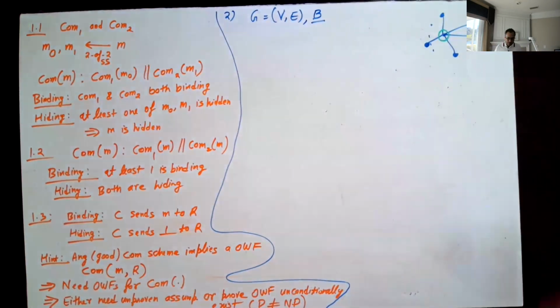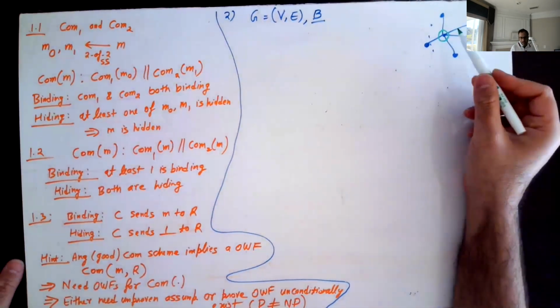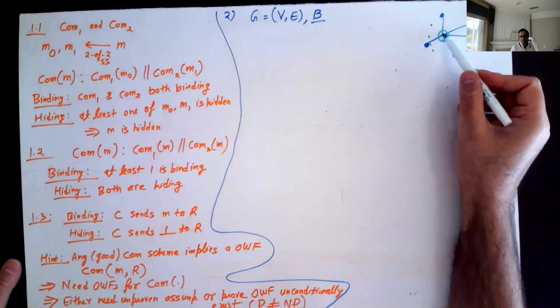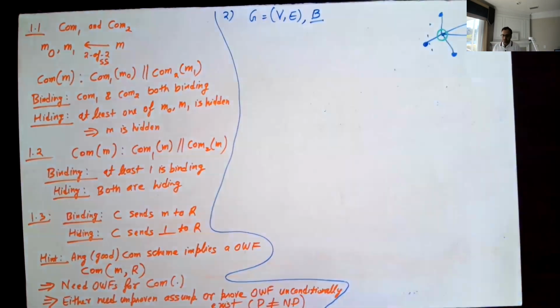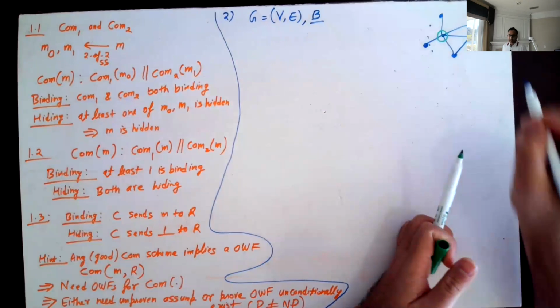And why is this a vertex cover? Because you look at any edge in this graph, and one of the endpoints is this vertex, which is inside our vertex cover. What if I add another edge here?